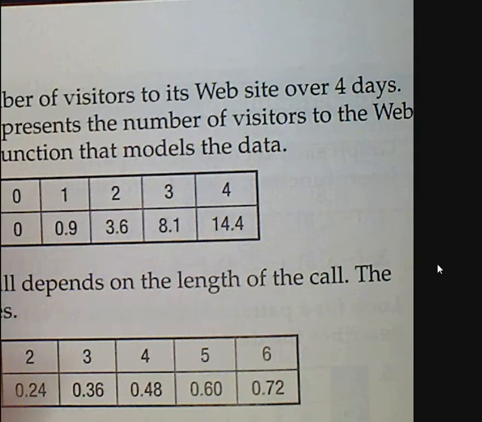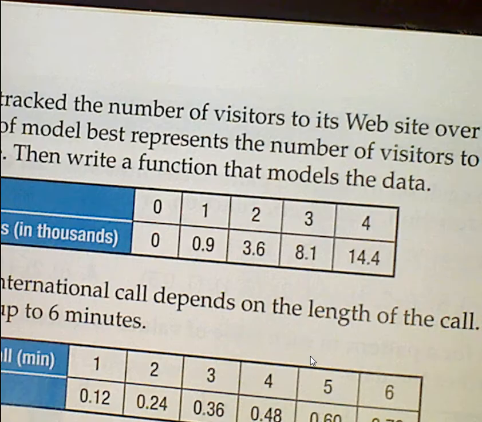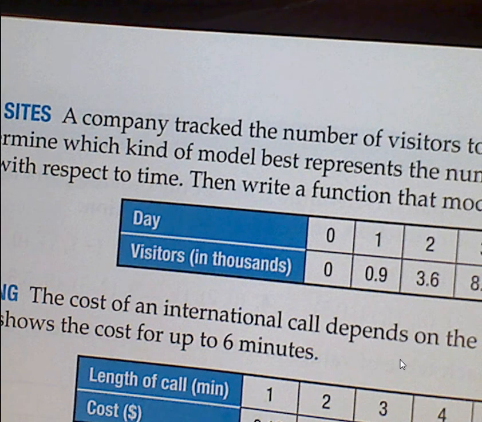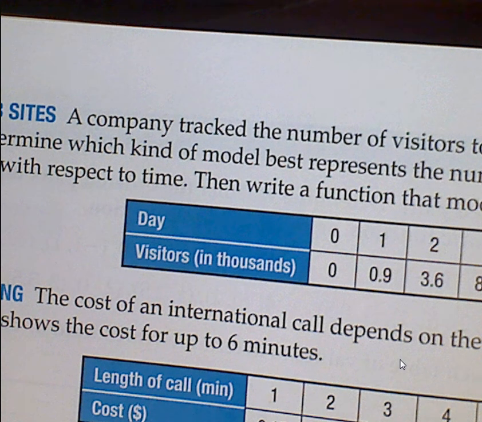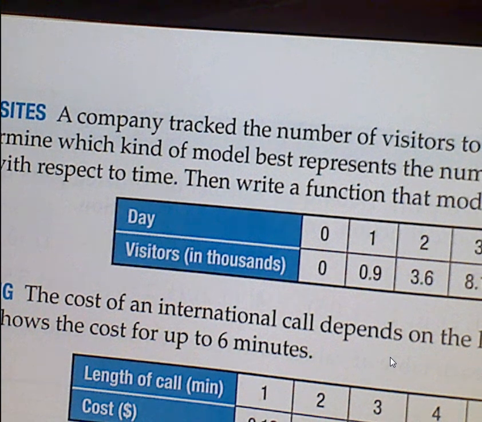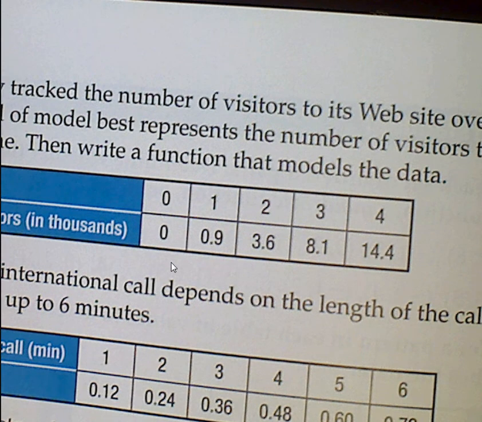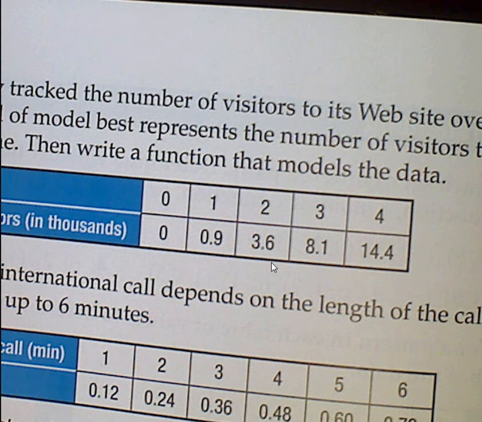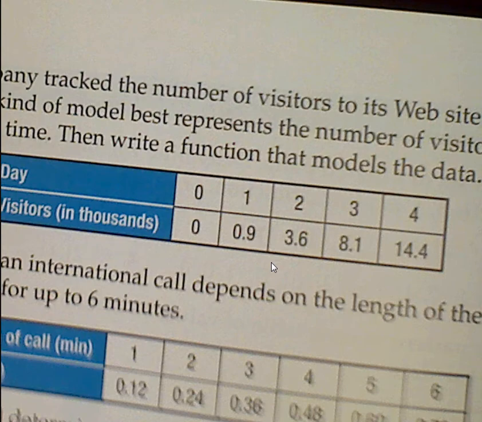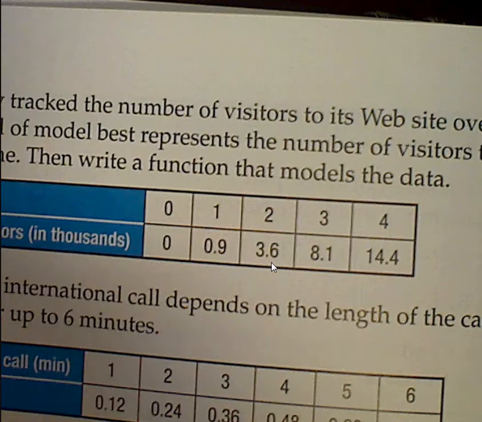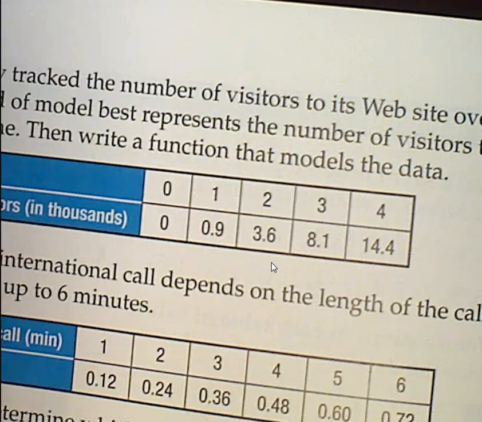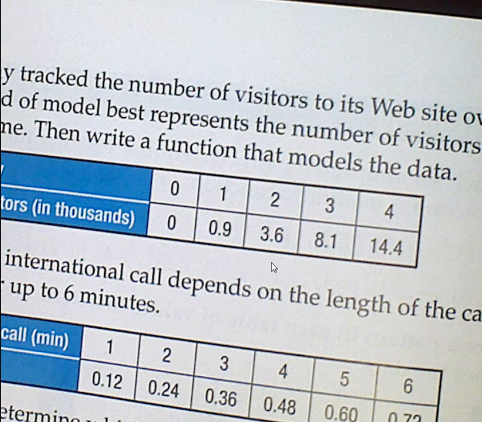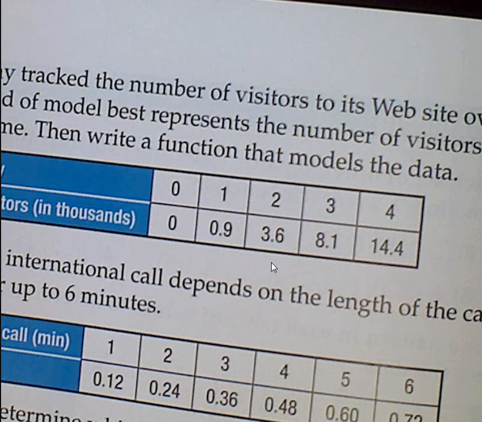Number 26. So it says, write a function that models the data. So I'm not adding by the same number. I think I might be multiplying by the same number. Let's check. 0.9 times 4 times 4.